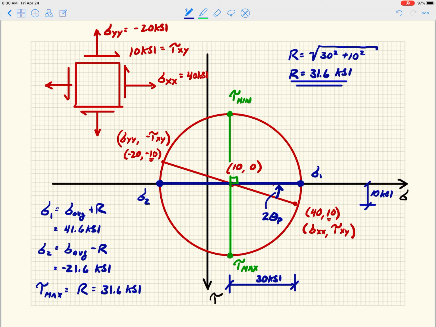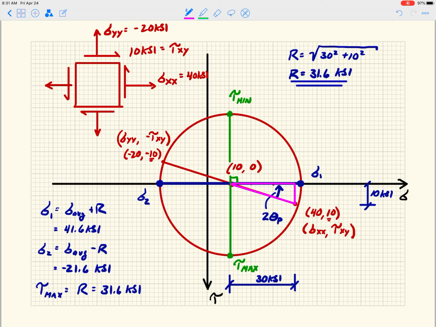So if I give you a state of stress like the one I've done in the upper left, and I say, please calculate the principal stresses and maximum shear stress, you just locate the center, draw the circle. Then this guy here, and maybe I'll highlight it in pink here, is just representing a triangle.